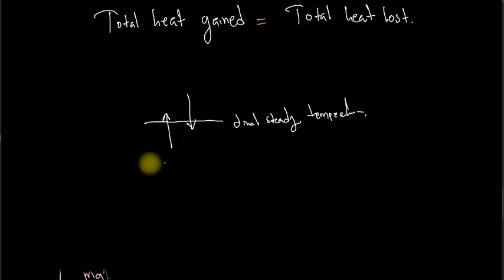So what does that tell us is that from our formula of Q equals mc change in temperature, it means that our change in temperature would include theta of hot water minus theta, that is the final temperature.